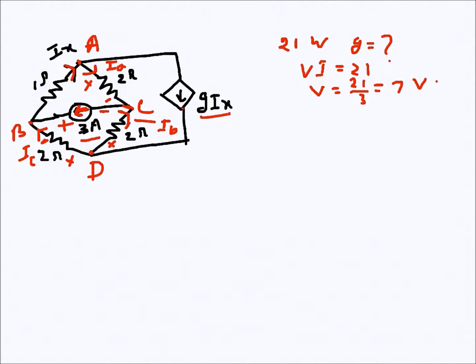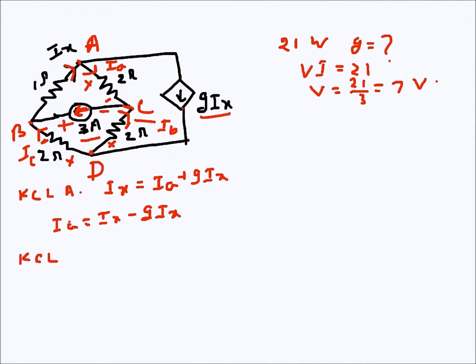Now let's write KCL at node A. So KCL at A, and we have Ix as entering, IA and Gix as leaving currents. So from here we can say IA is equal to Ix minus Gix. So this is 1. Then let's write KCL at node C, which is this one.